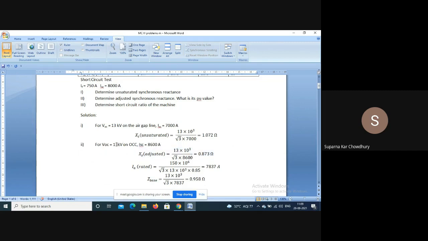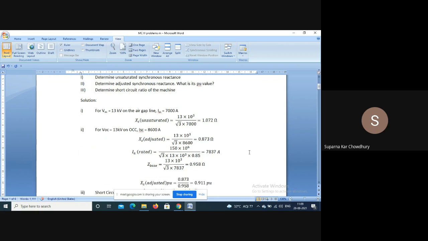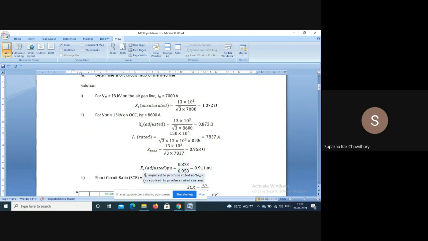That is the field current for rated voltage, and the corresponding short circuit current gives you the adjusted synchronous reactance. Now, short circuit ratio is defined as the field current required to produce rated voltage divided by the field current required to produce the rated current. It has some relationship with the adjusted synchronous reactance, as we will show.